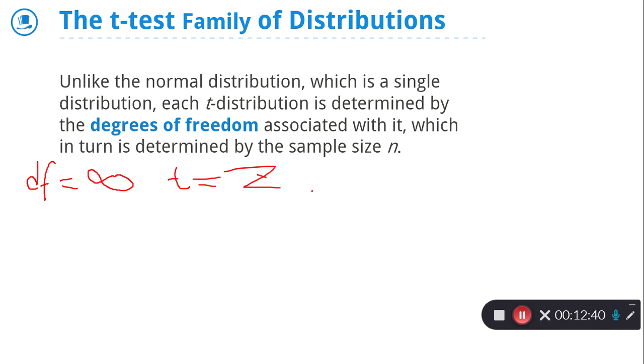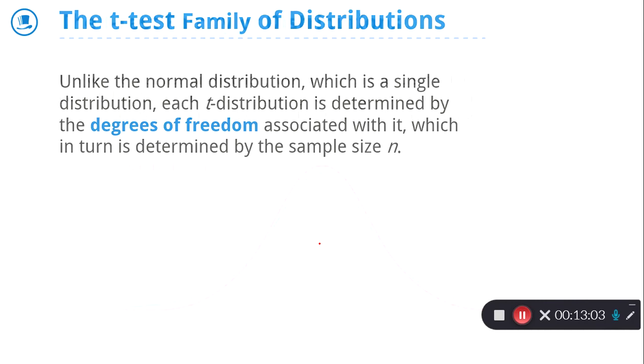They're the same. But in reality, we never have infinitely many degrees of freedom because we have n minus 1 for our degrees of freedom. So for any degrees of freedom less than infinity, the t distribution is not the same as the z. So how does it change things?